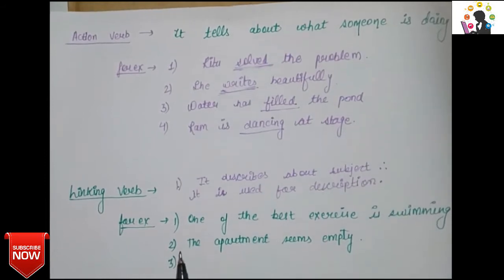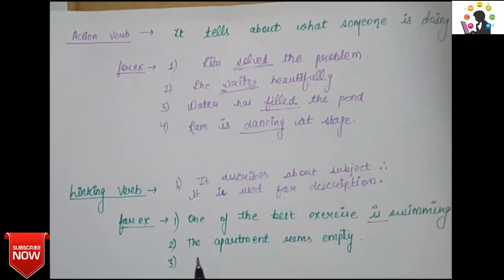For example, "One of the best exercises is swimming." As I told you, is this not the helping verb? Why? It is a linking verb because it tells about swimming, it describes swimming, how it is. It is the best. So we can say that is is a linking verb.